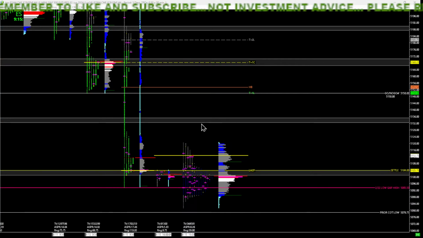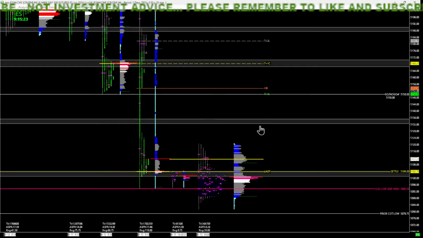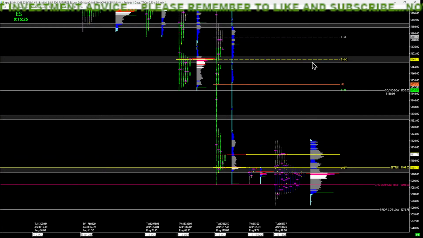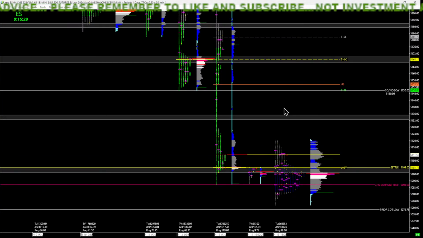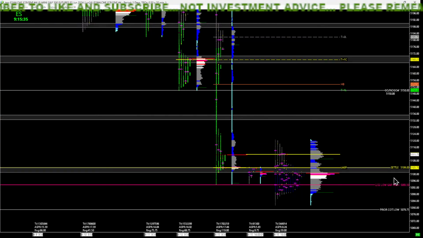Probably start picking up, see if we get any stops up here, and then they'll look for that single print fill. So there could be a long out of that zone too, I guess, if you were looking for it. But I would be a little bit more patient, wait for the higher because it could just pop up here, not fill the singles, fail in this zone. So that's just the area I'll be looking to get filled to trade back towards the settle.